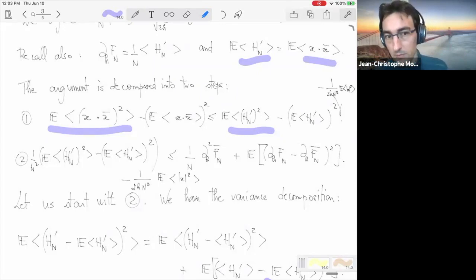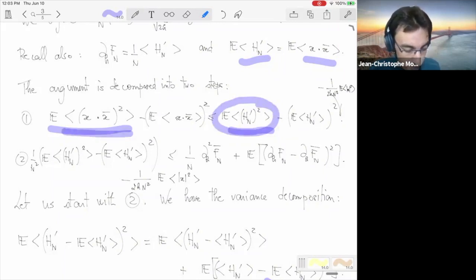Does that make sense? So all we need to do now is observe that when I compute the expectation of the square of Hn prime, it's larger than or equal to this guy plus this spurious term, which I just carry around, and which is not going to annoy us. And once we have done that, we have finished the proof.